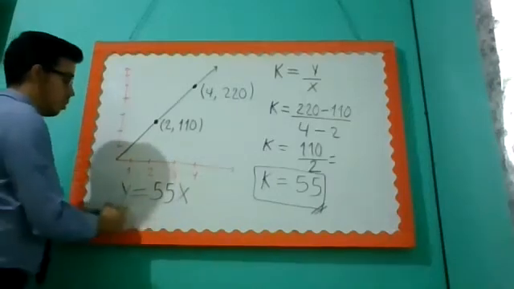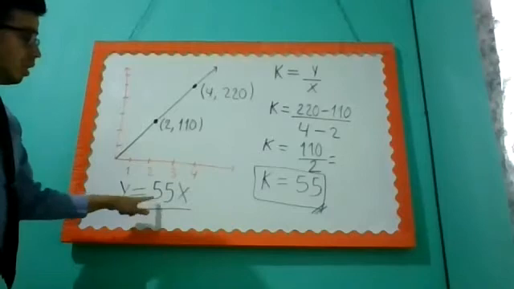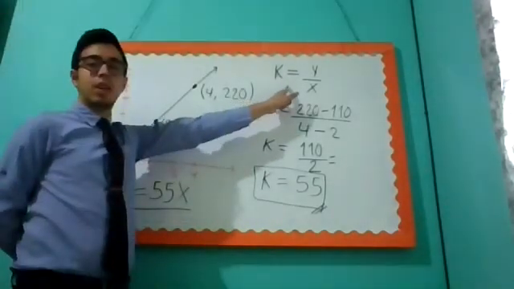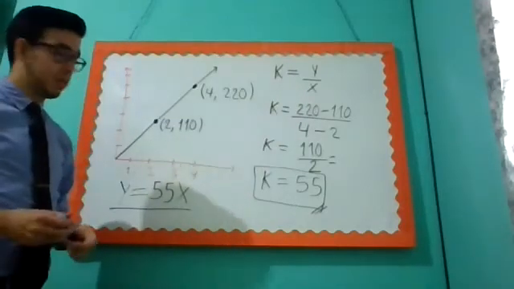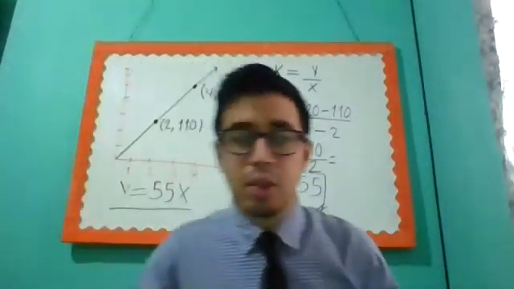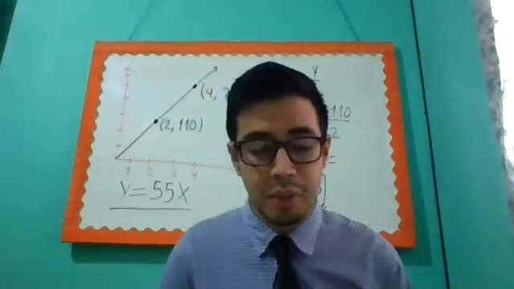So this is the equation. You have two equations to use. The first one is to obtain the equation of the graph, and the other one is to find the value for the slope. So you use the two equations, remember about it. Don't forget about the equations. Okay, now we continue with the other part.